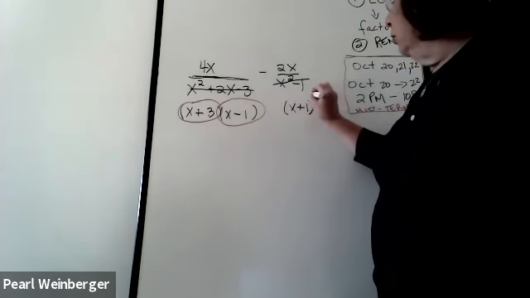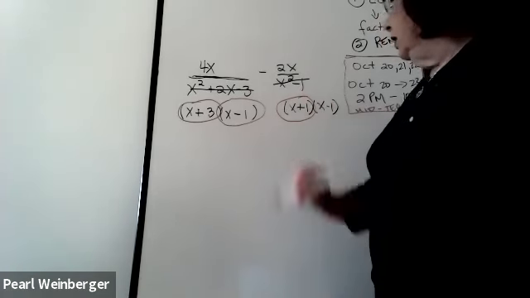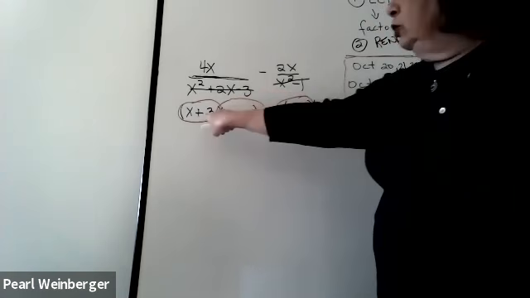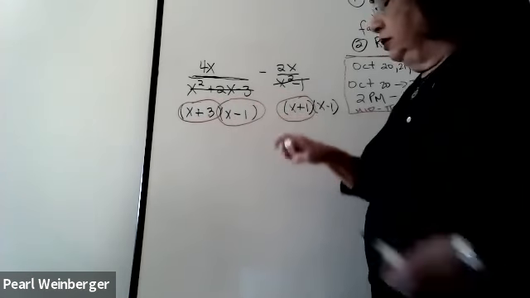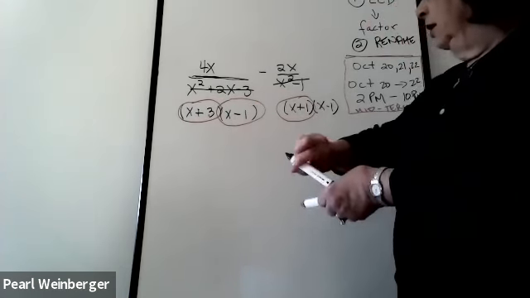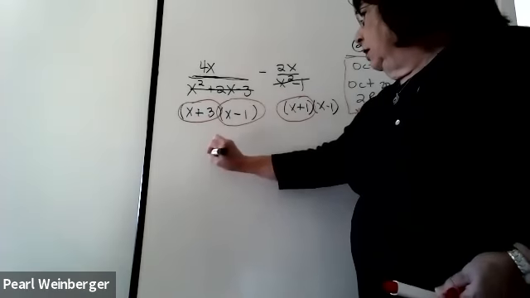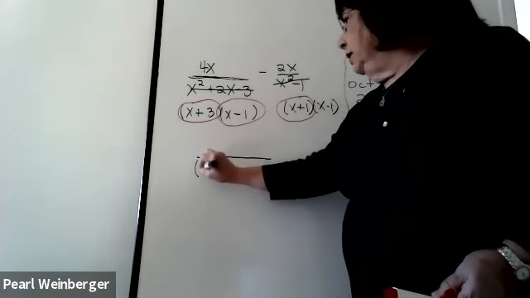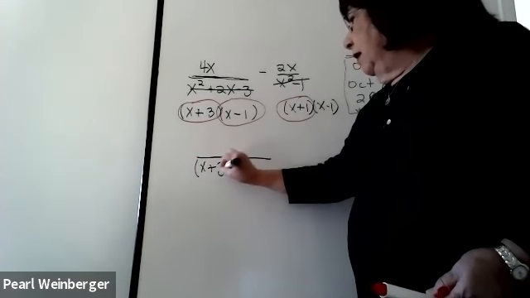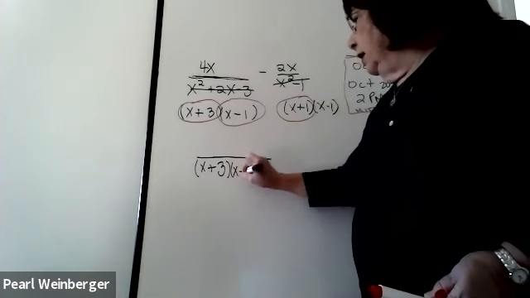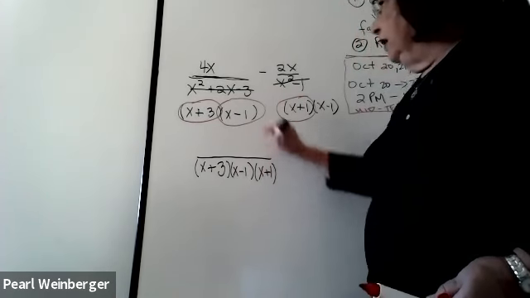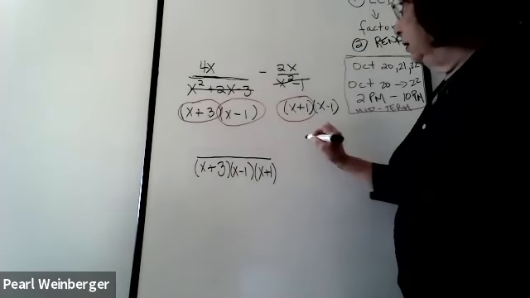X plus 1 is not circled, so I've circled that. But x minus 1 is. So I have 3 factors in my common denominator. My common denominator is going to be x plus 3 times x minus 1 times x plus 1. All the things that I have circled in the red.